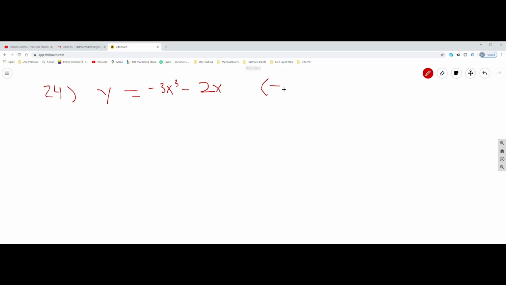You have points negative 1 and 5. So you're going to do negative 3 times negative 1 plus h cubed minus 2 times negative 1 plus h minus 5.